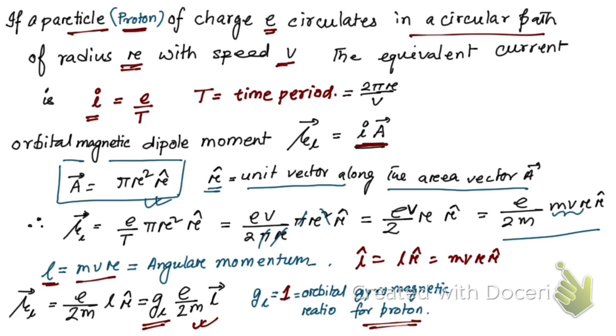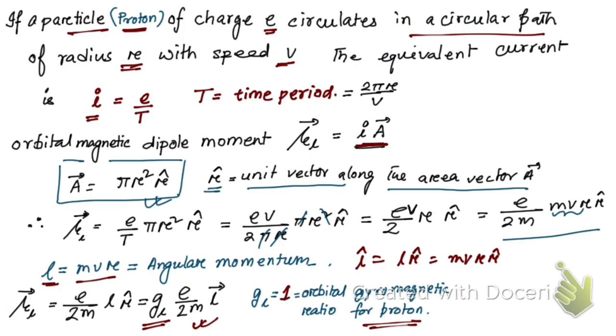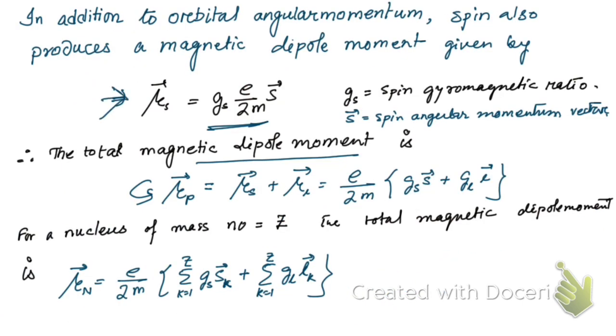So in addition to this orbital angular momentum, we also get spin angular momentum, which is given by this expression, and in this case GS is the spin gyromagnetic ratio, and the total magnetic dipole moment is given by this. Sorry, if I said angular momentum, this is not angular momentum, it is the orbital magnetic dipole moment. This is also a magnetic dipole moment due to the orbital motion, and this is due to the spin, okay?